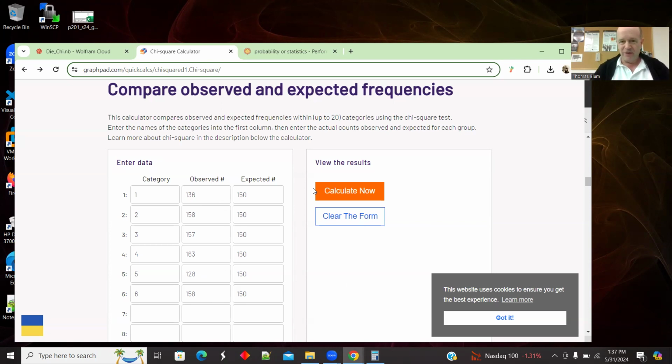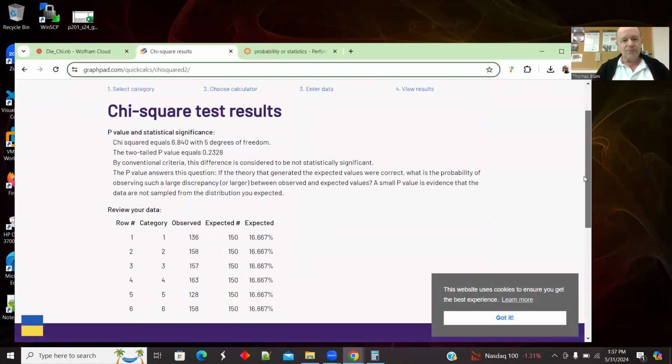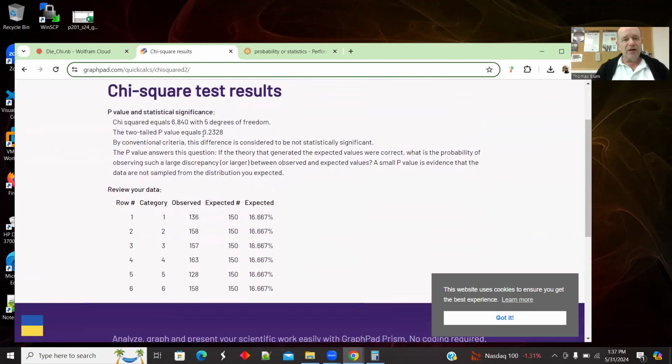But this is the way that you will find it if you do a chi-square test. What it will do is evaluate this quantity called the chi-square.